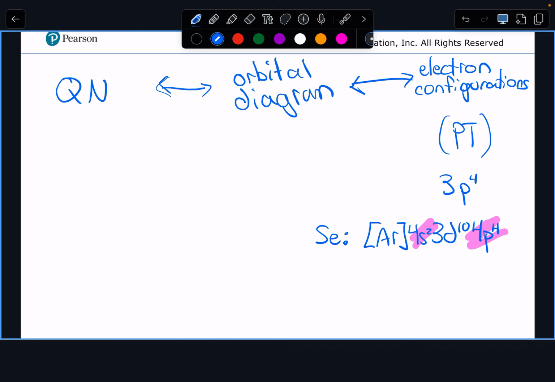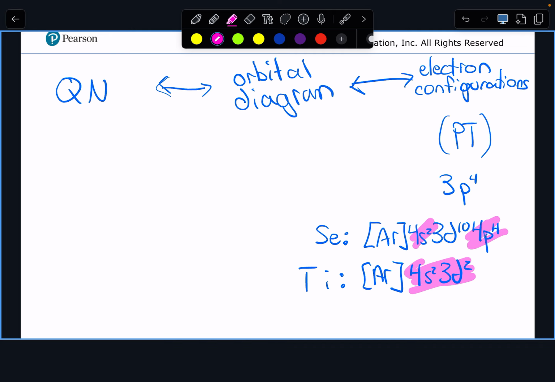Even I don't really have a clear explanation of why that works, because if you're in the d orbitals, let's just use something early on, titanium, okay? So titanium would be argon 4s2 3d2. All of those would be considered valence electrons, okay? So titanium would have 4 valence electrons.